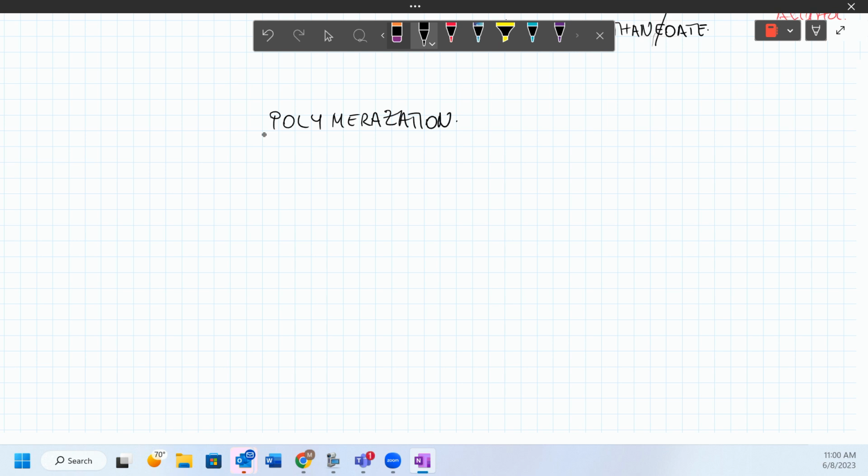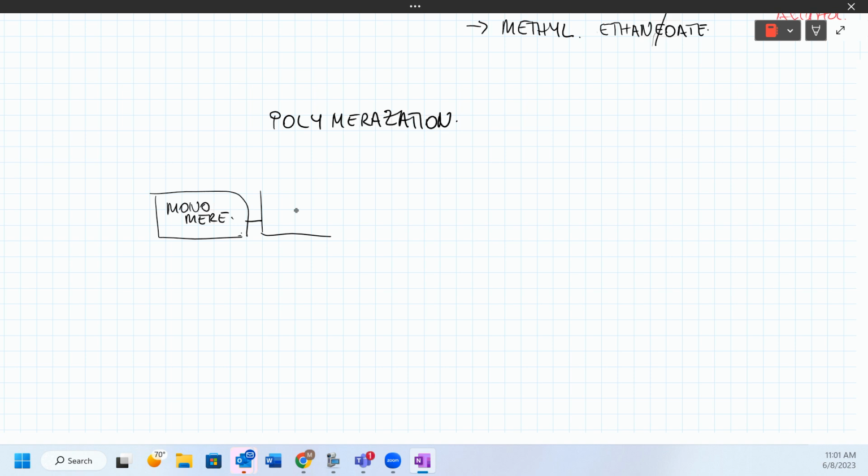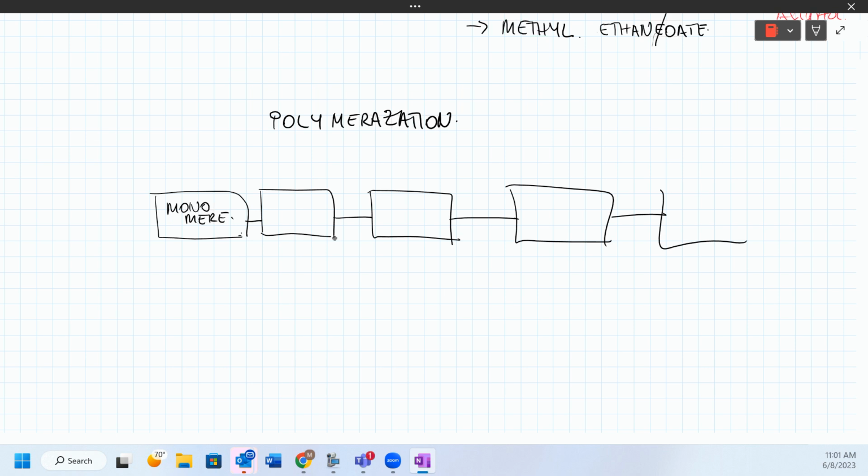So you have one block, let's say, and this is called a monomer. Mono means one, so one block that is combined with the same monomer and the same and the same and the same.